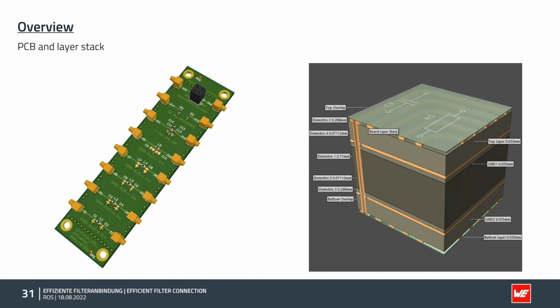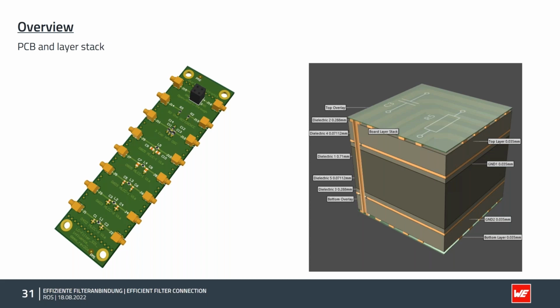I will give you a short overview of the measurement equipment we are using for this presentation. We created a small PCB, you can see on the left side, and on the right side the corresponding layer stack for it.